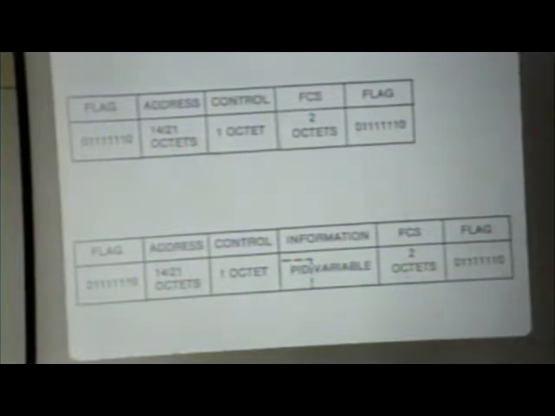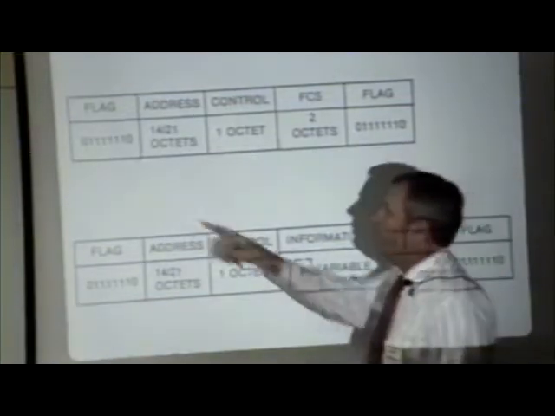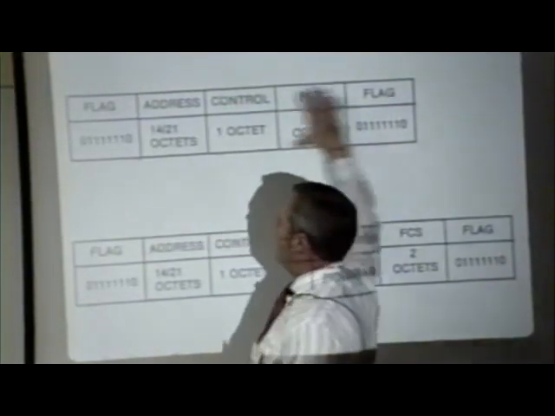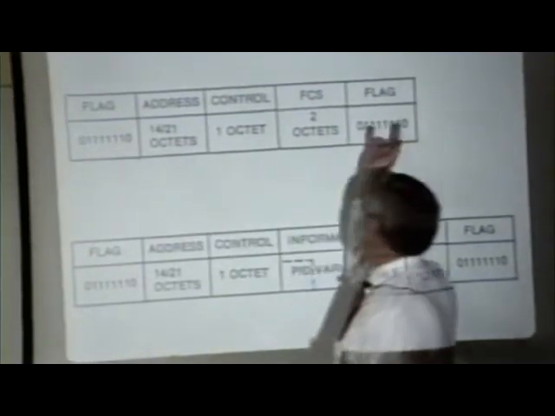So, when we're sending a receiver ready or a receiver not ready, that sort of thing, we take the beginning of the frame and we put what's called a flag at the beginning and the end.